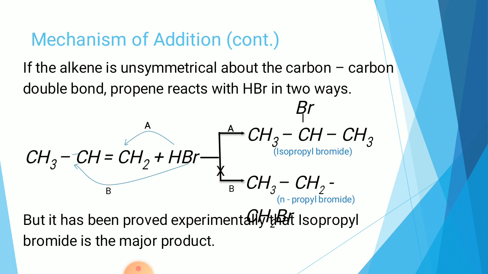Here we get the product CH3CHBrCH3, isopropyl bromide. But in the second reaction B, when the bromide ion attacks the middle carbon atom, we get CH3CH2CH2Br, n-propyl bromide. Here we get two types of products, but it has been proved experimentally that isopropyl bromide is the major product in this reaction as compared to n-propyl bromide.